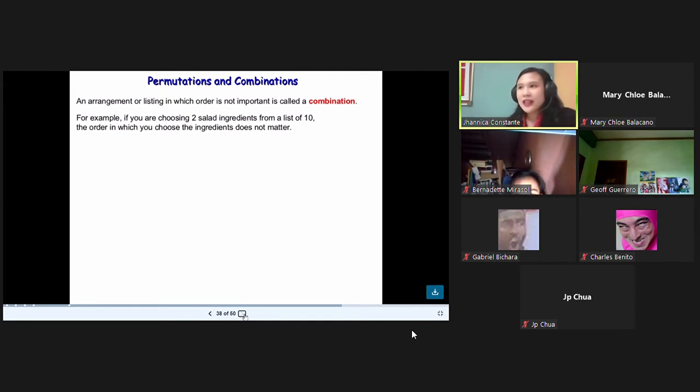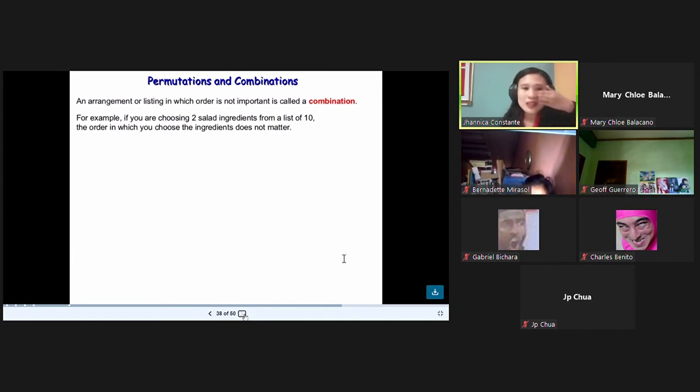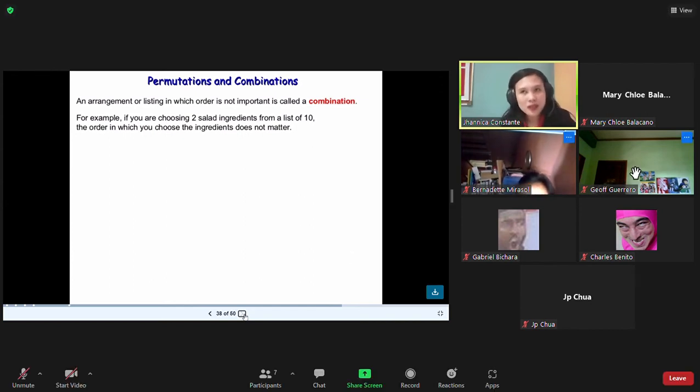So, combination. In combination, an arrangement or listing in which order is not important. That is the difference from permutation, where the order or arrangement or the listing is important, while in combination, the arrangement or the order of the items or numbers is not important.